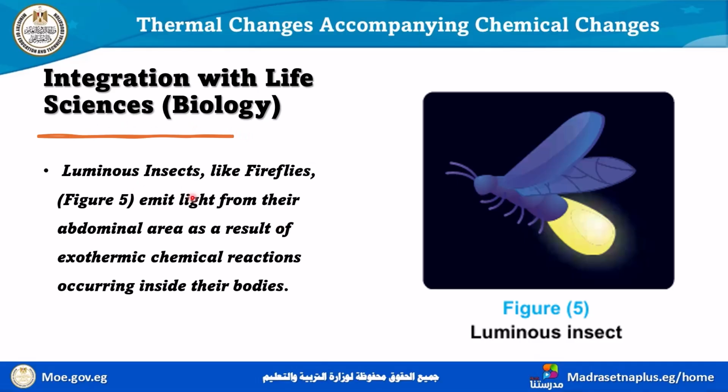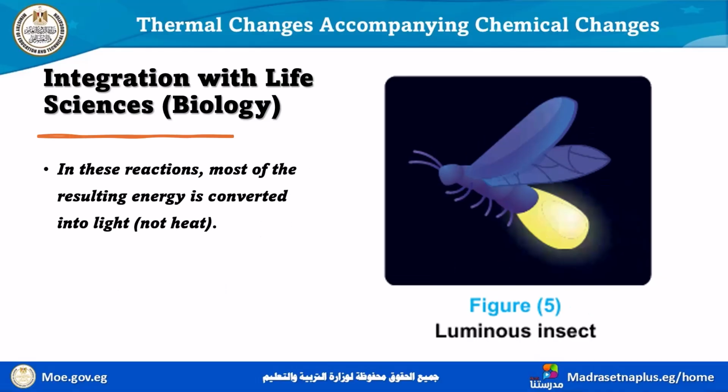Luminous insects like fireflies, like here in our figure, emit light from the abdominal area, this area, as a result of exothermic chemical reactions occurring inside their bodies. In these reactions, most of the resulting energy is converted into light, not heat.